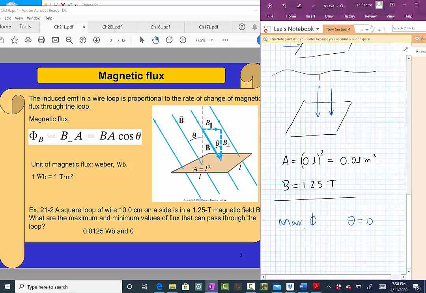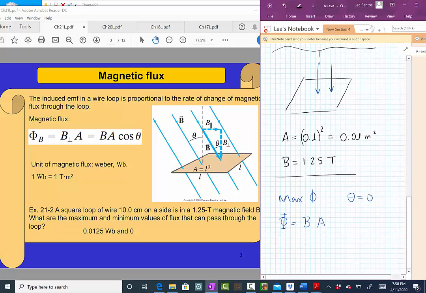Maximum flux happens when the angle is 0, which means when we write the equation for the magnetic flux, we just use the field and the area, because cosine of 0 is 1. 0.01 multiplied by 1.25 gives us 0.0125 Weber.